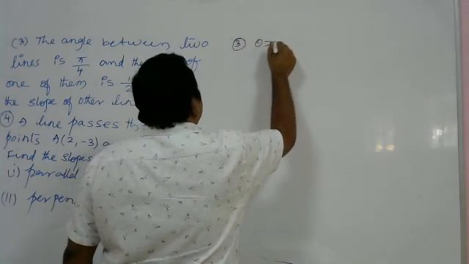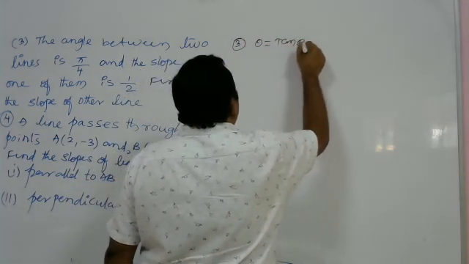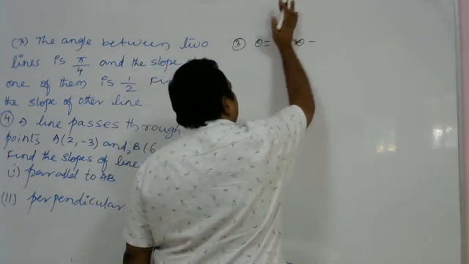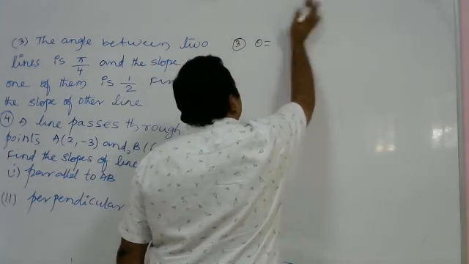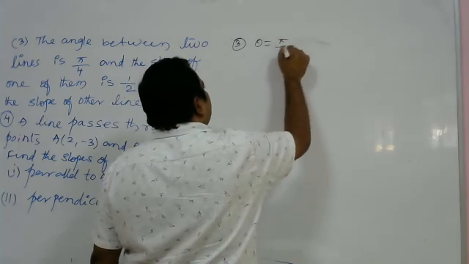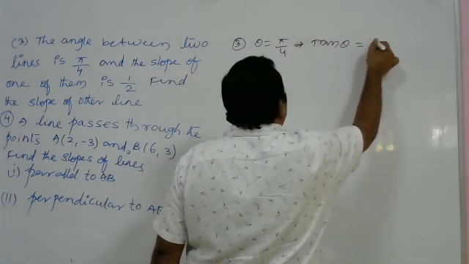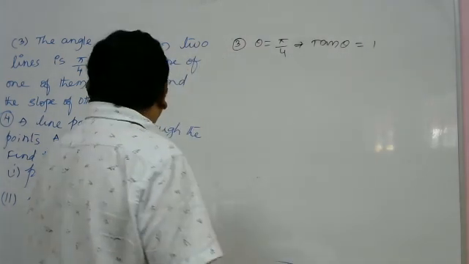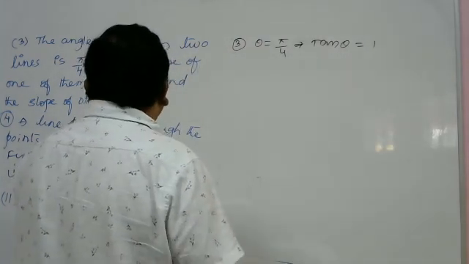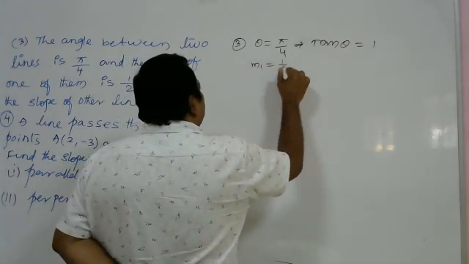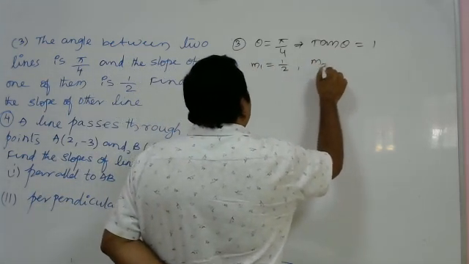Theta equal to pi by 4, therefore tan theta equal to 1. So now, the slope of one line, m1, is given as 1 by 2. So we have to find out m2.